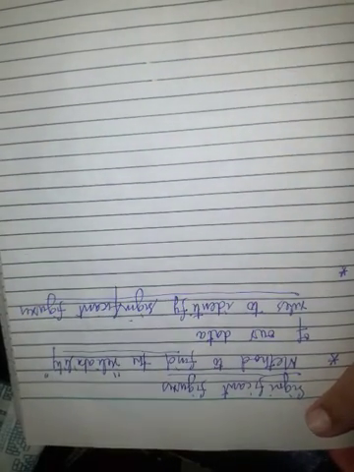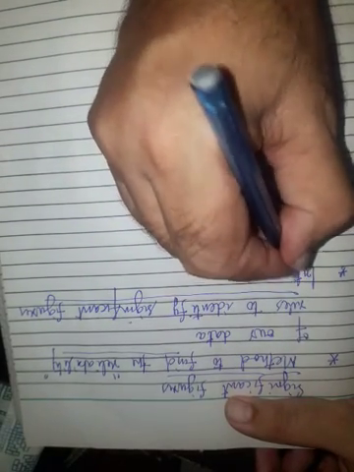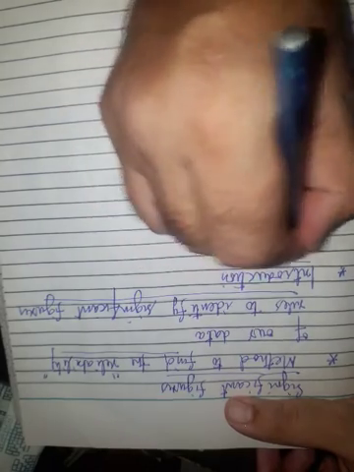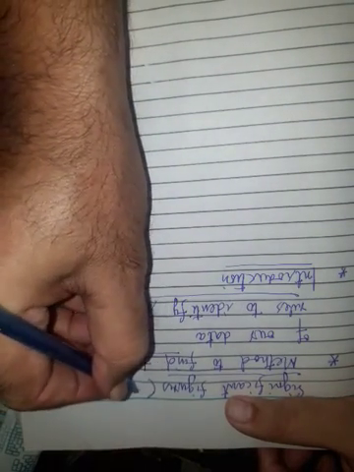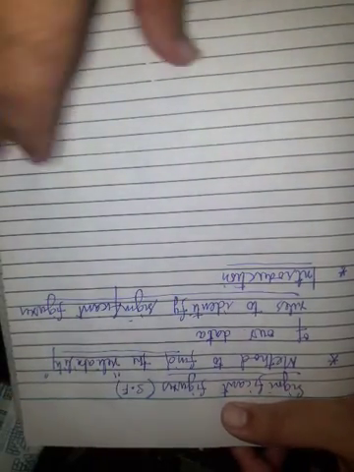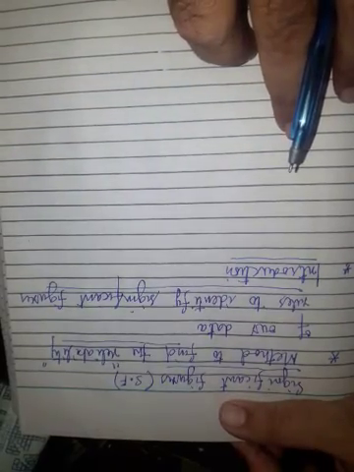First point is introduction. I will use the short form S and F for significant figures. From now on, I will use S and F, S dot F for the word significant figures. Introduction.